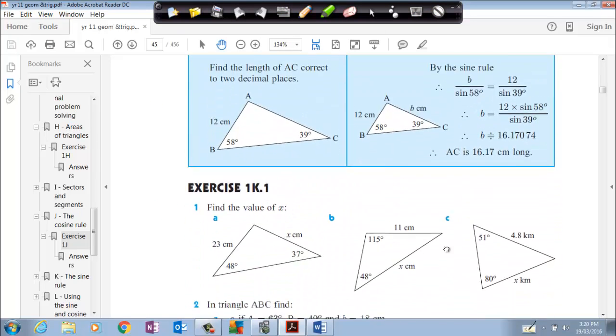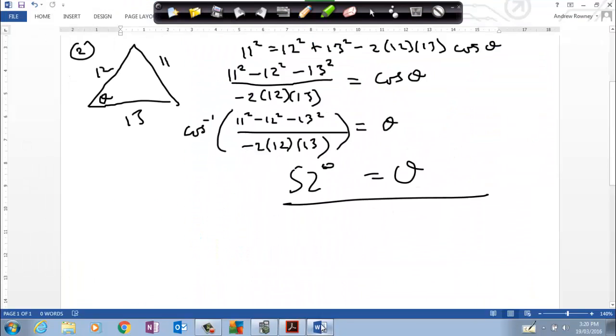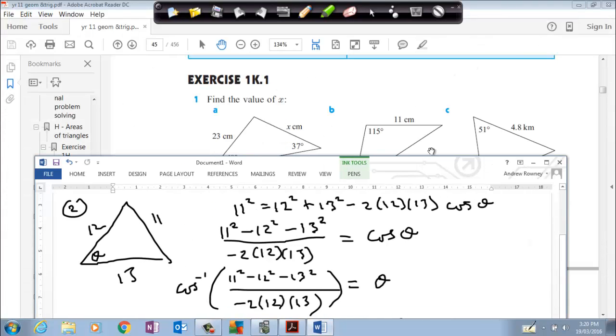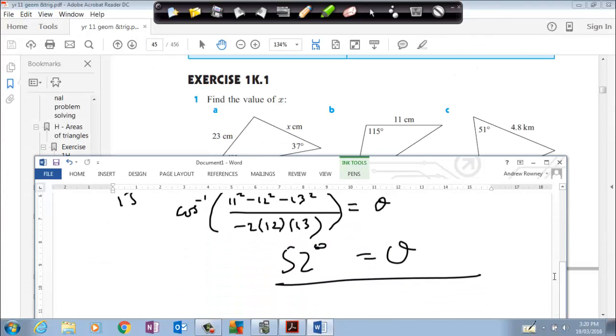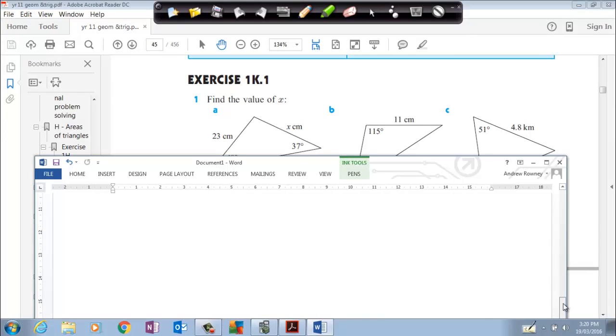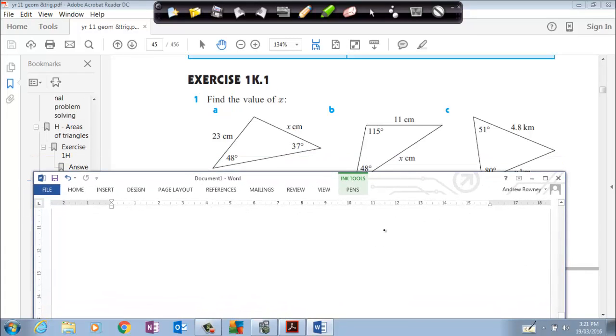And the first one, 1K1, so we'll put in the diagram. We have 48, 37, x and 23.